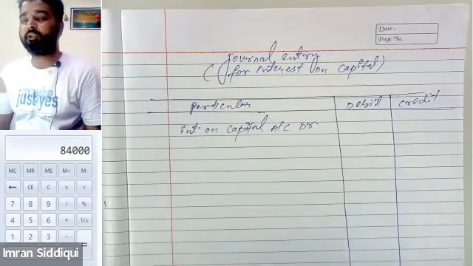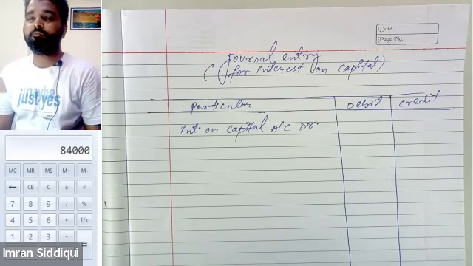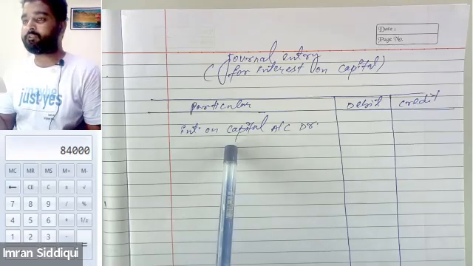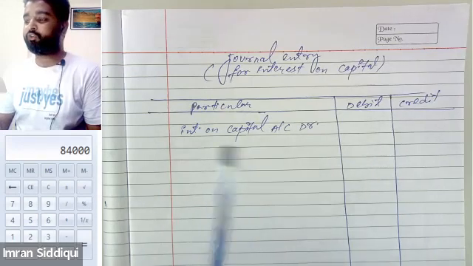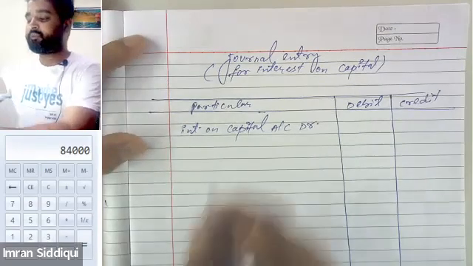Since interest on capital is an expense from the firm's point of view, the firm needs to pay interest on capital to the partner. So it is considered an expense, and therefore we are debiting interest on capital account. But for the partners who are entitled to claim interest on capital, this will be considered as income.